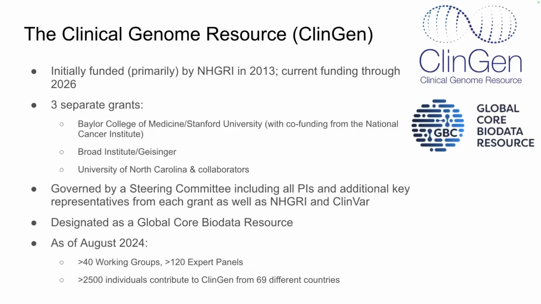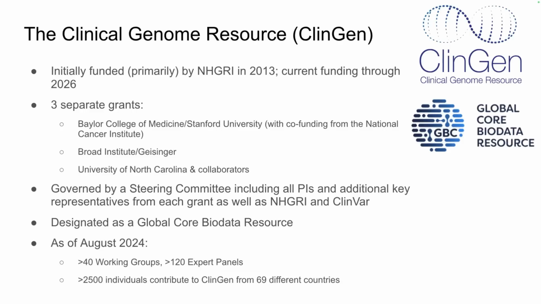Okay, so the Clinical Genome Resource, or ClinGen, was funded primarily by NHGRI in 2013. The current funding is through 2026. It has 3 separate grants based at Baylor and Stanford. I'm part of the Broad Institute and Geisinger grants, and then UNC and collaborators. It's governed by a steering committee and includes all the PIs.